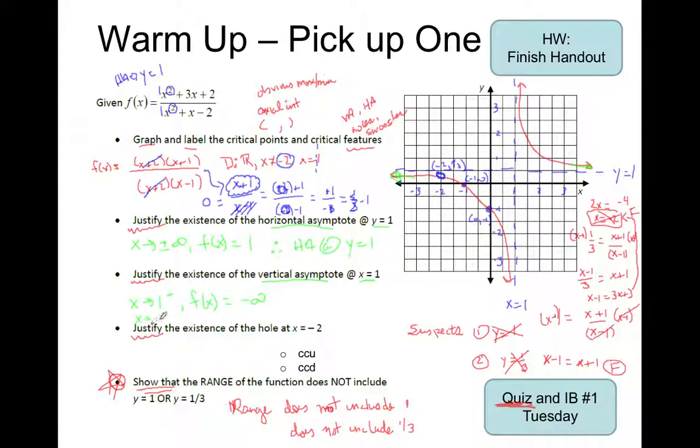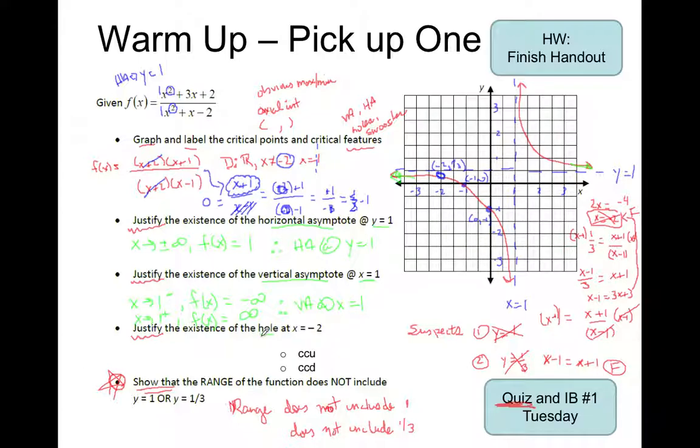But as x approaches 1 from the right side, f of x is swooshing up. Therefore, there is a vertical asymptote at x = 1 because you swoosh on both sides.